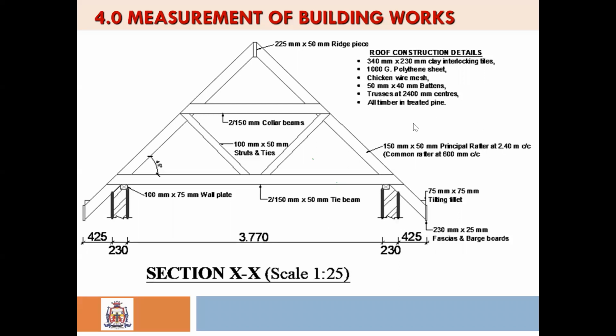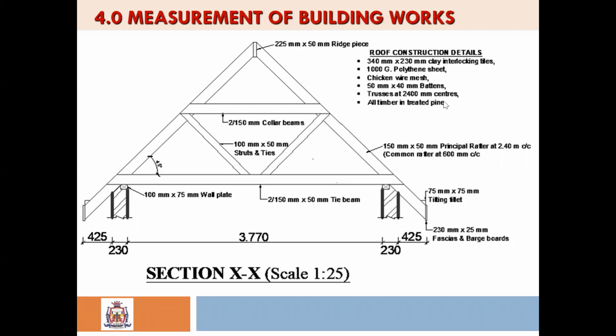Now you as the taker off must look at the notes. The construction notes, they have said they are using interlocking tiles, and these are 340 millimeters by 230 millimeters, okay? And they are telling us they shall also lay a polythene sheet.